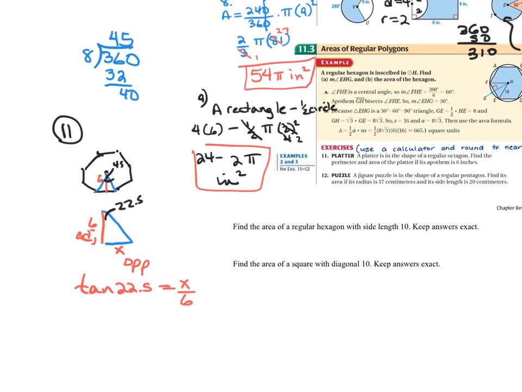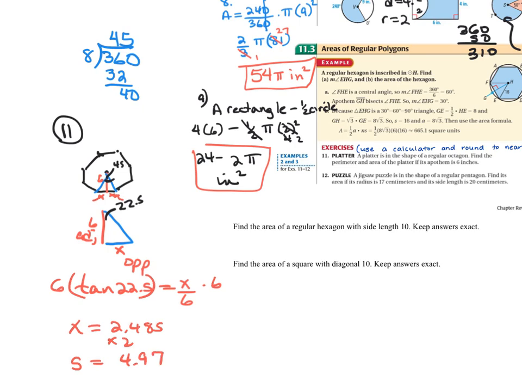I'll multiply both sides by 6, and I end up with x equal to 2.485. I'm going to double that, because when I pulled it out there were 2 pieces, this was x and this was x. So the length of my side is going to be 4.97.